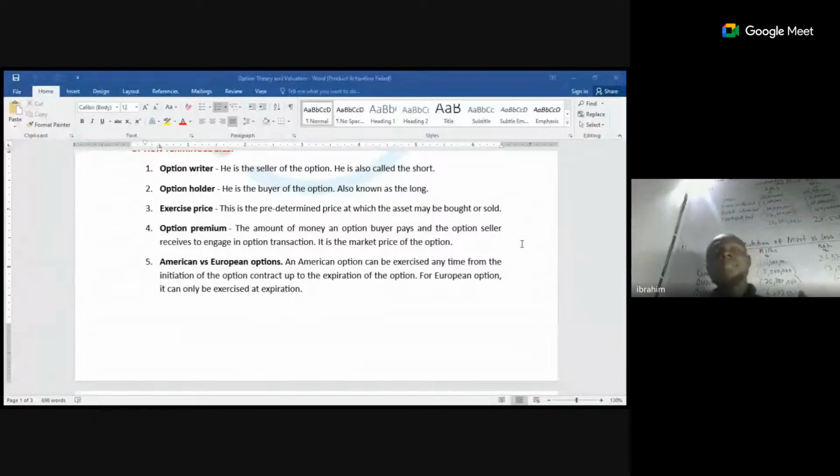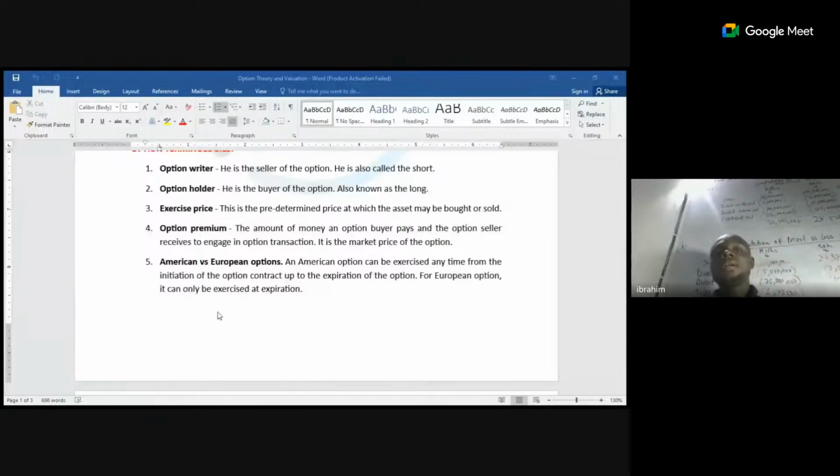Then we have the call option, an option to buy an underlying asset at a specified price. And put option is an option to sell an underlying asset, but not an obligation, at a specified price. The specified price is the exercise price.